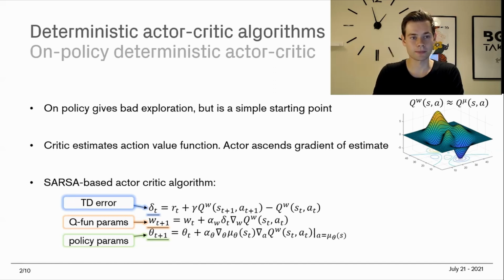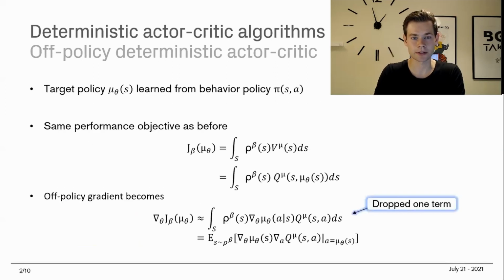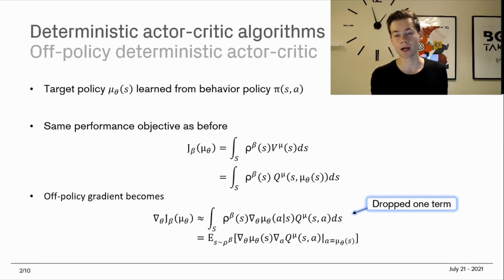But now that we've seen the on-policy case, let's also look at the off-policy deterministic actor-critic. Now the difference is that the target policy mu is learned from a behavior policy pi. So we're following a policy that is our behavior, but we're trying to create a target policy based on that. Similar performance objective as before: we have the distribution of states, and then the value function that we're integrating over the total state space.